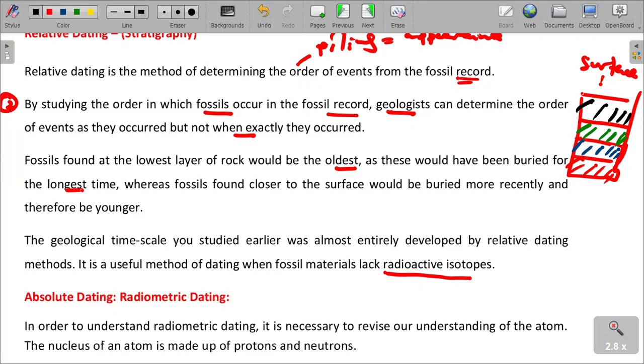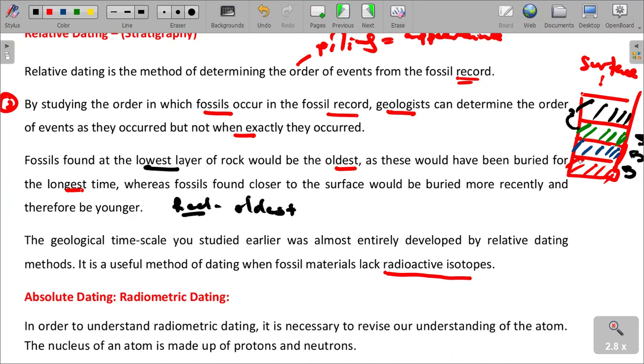Looking at this, I can say red is the oldest, considering the profile. The lowest layer, which is the red layer, is the oldest, as this would have been buried for the longest time, because the accumulation was appearing going up like that, class.